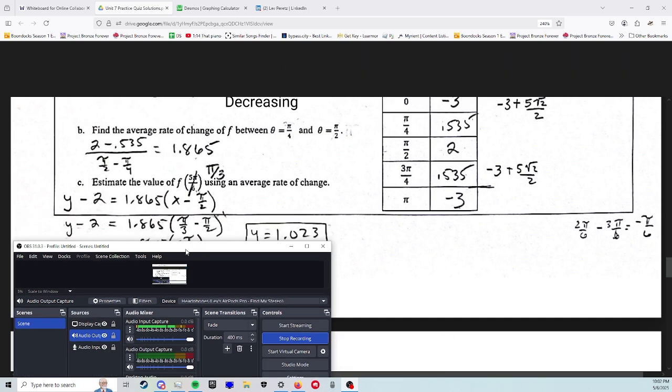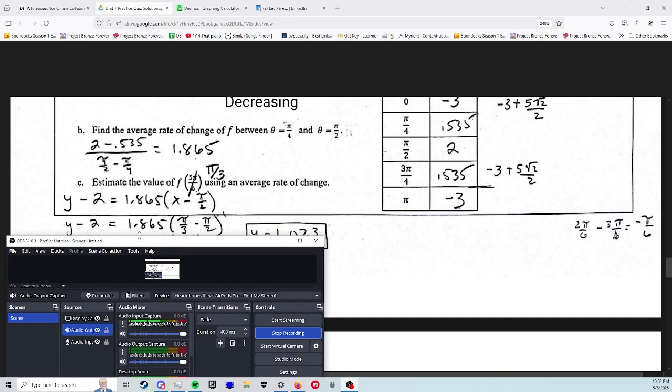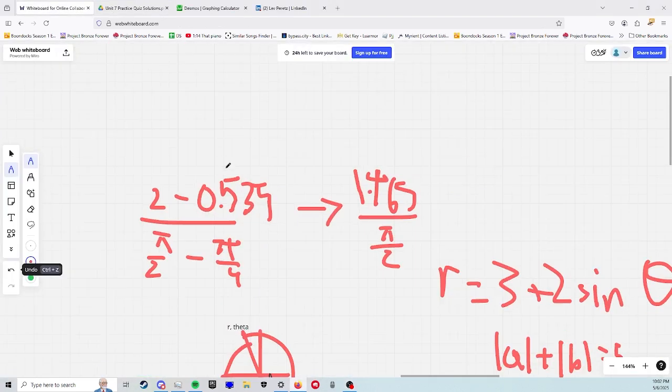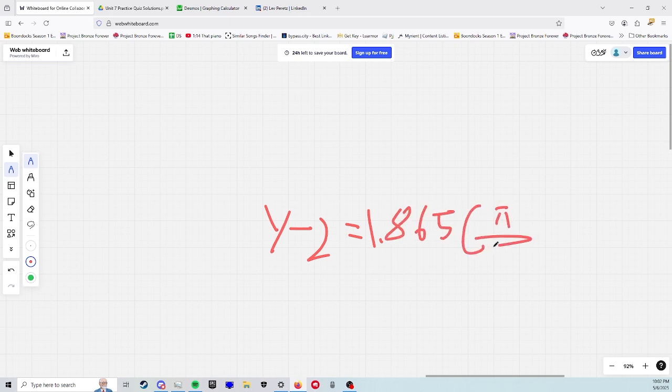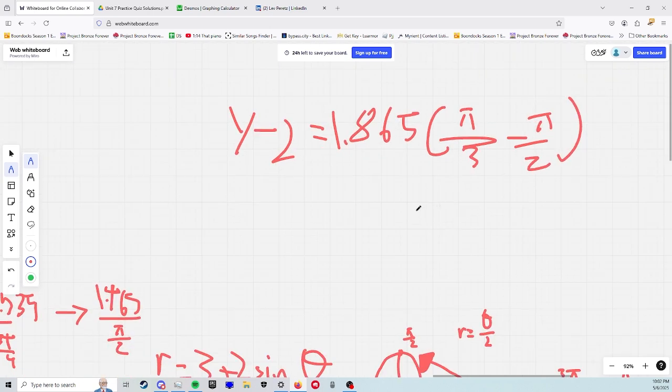So now that you found the x value, that goes into y minus 2 equals 1.865 times pi over 3 minus pi over 2, which is minus pi over 6.